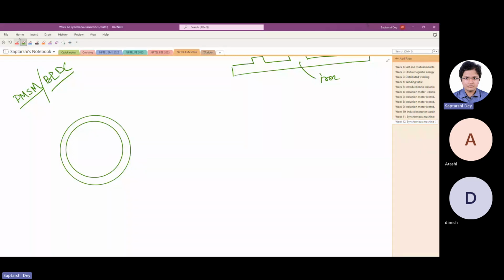You can put the magnet, say, on the surface of the rotor, like this. Four pole structure, and the magnetization direction is like this.